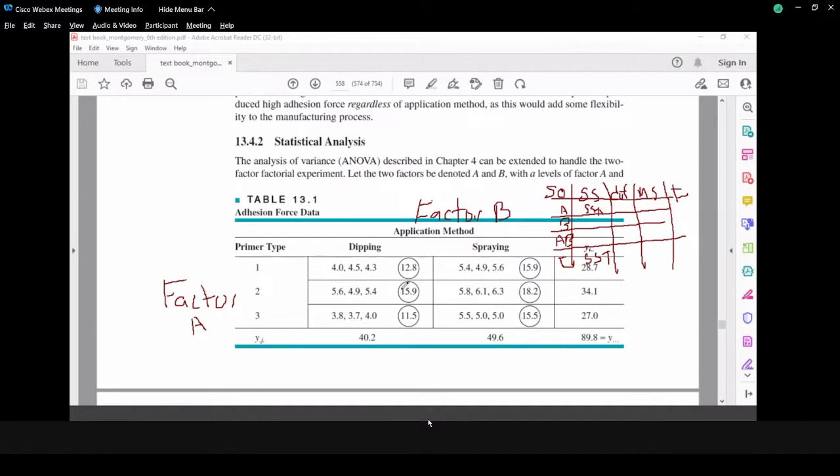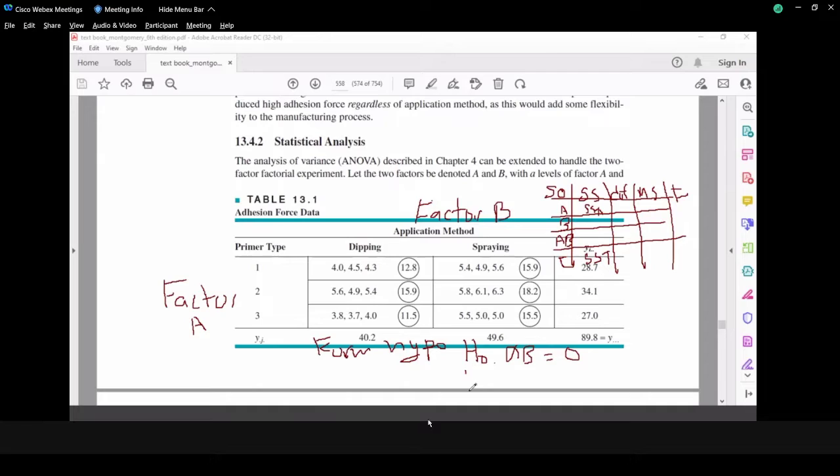Then hypothesis. You need to form a hypothesis. The null hypothesis: alpha beta equal to 0, no interaction exists.